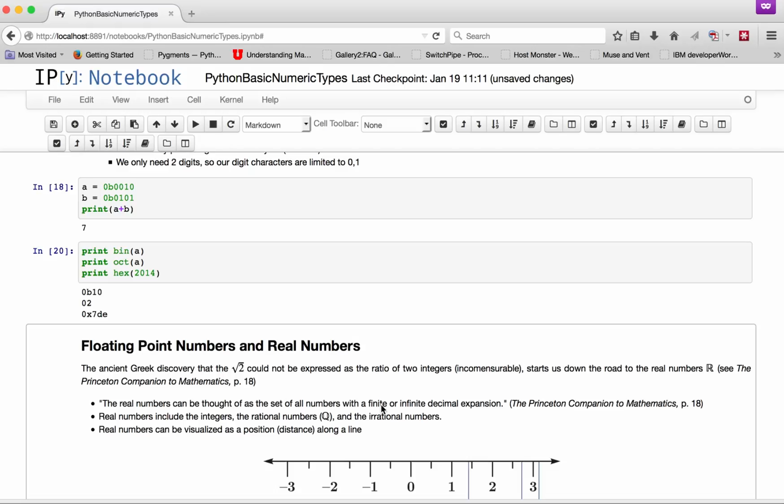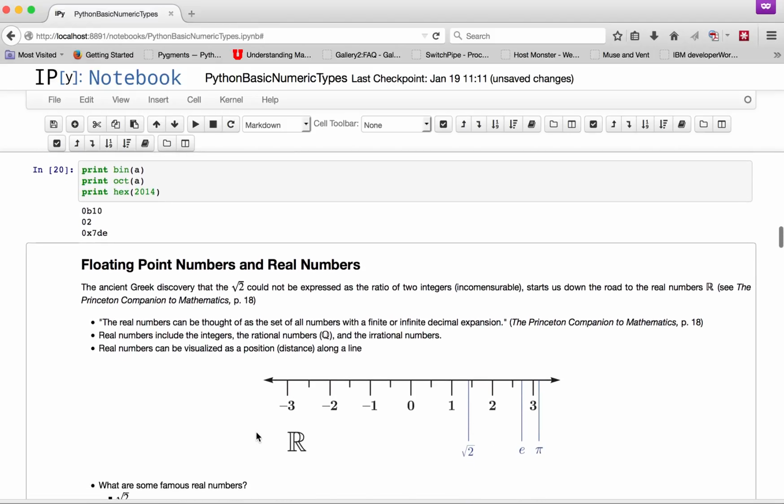Rational numbers, which would be 3 divided by 4, is also a subset of the real numbers. But it also includes numbers that cannot be expressed with a finite number of decimals, such as the square root of 2. So how we usually think of real numbers is as a position along a line.